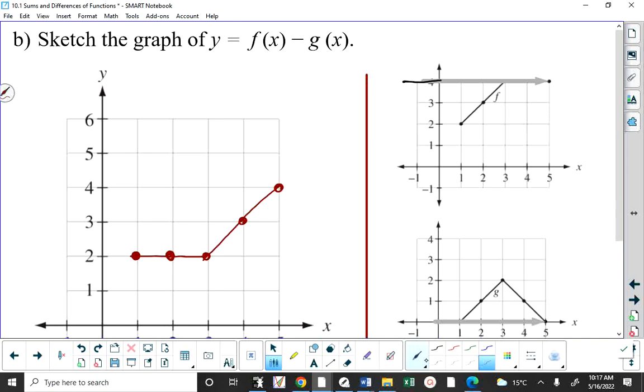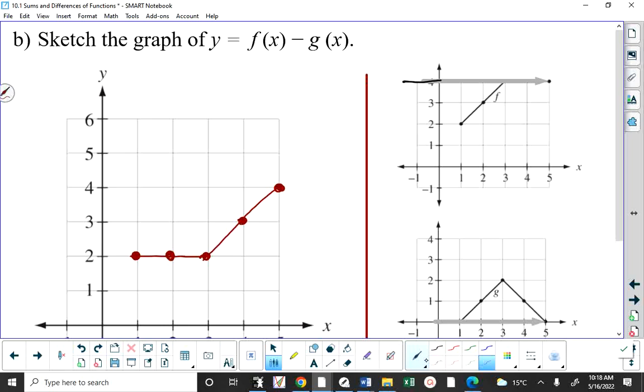I'm going to ask one final question here just to get your brain pumping a little bit. What do you suppose g minus f would look like? Arden? It's a vertical reflection.